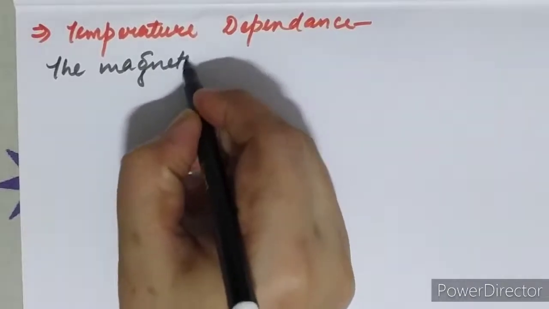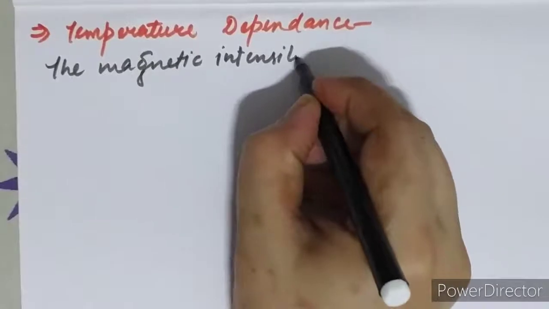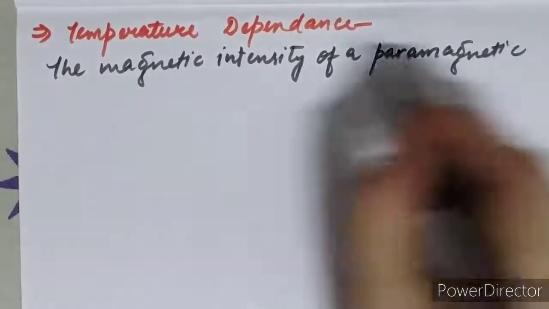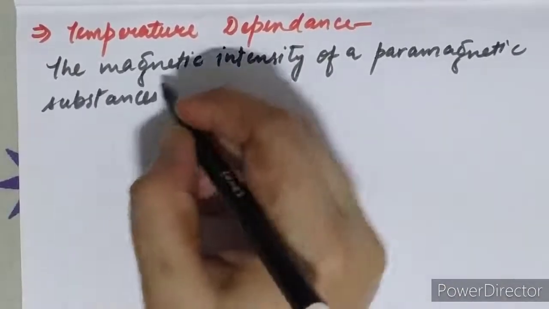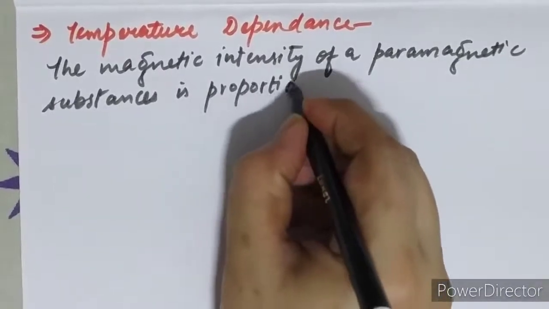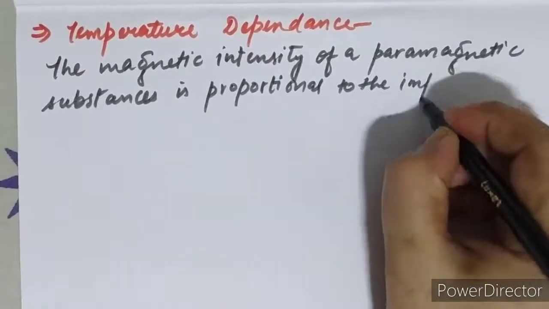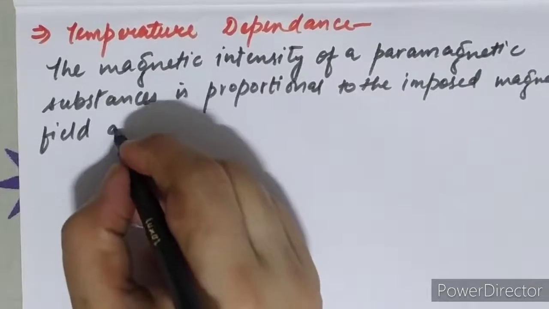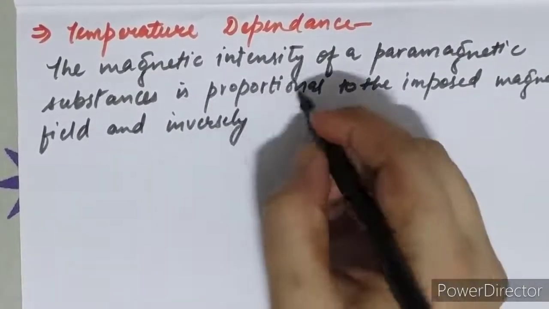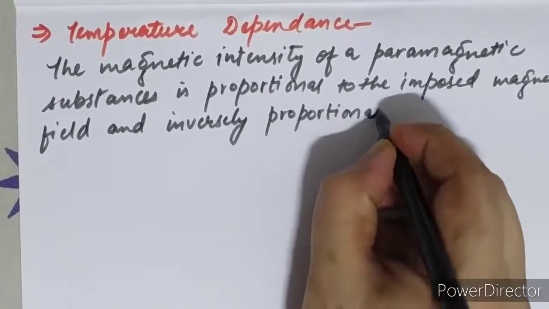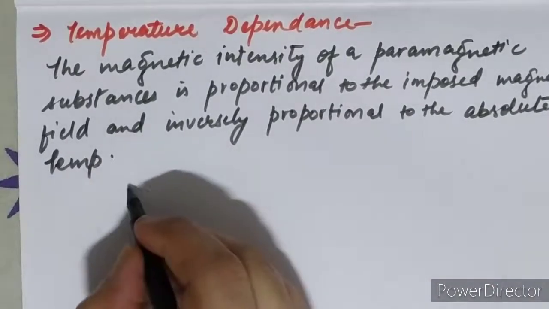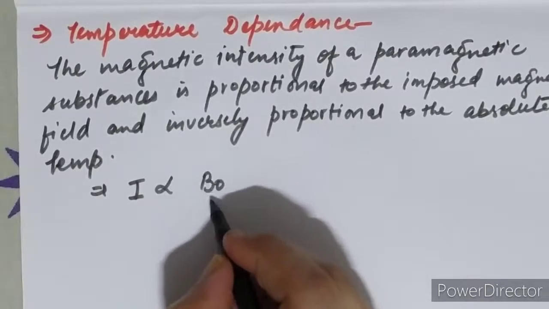The magnetic intensity of a paramagnetic substance is directly proportional to the imposed magnetic field and inversely proportional to the absolute temperature.